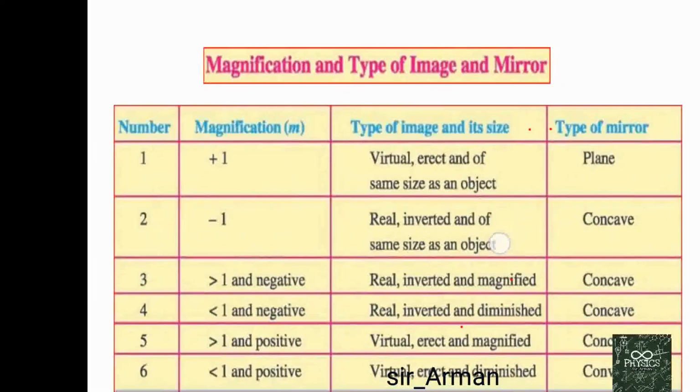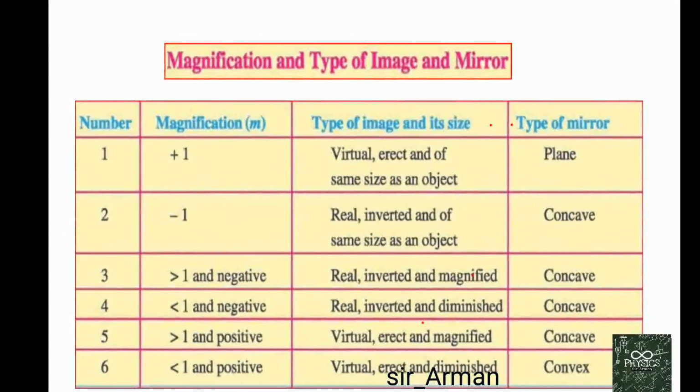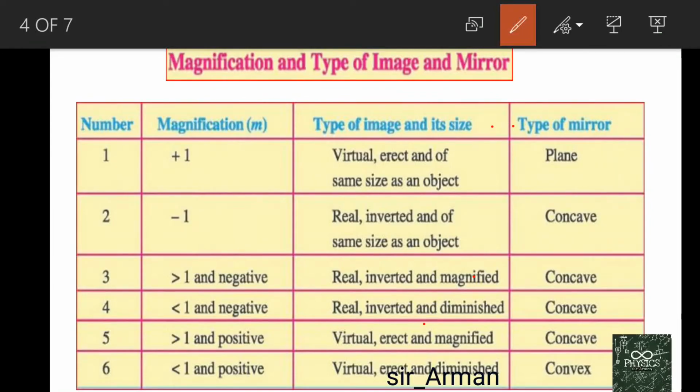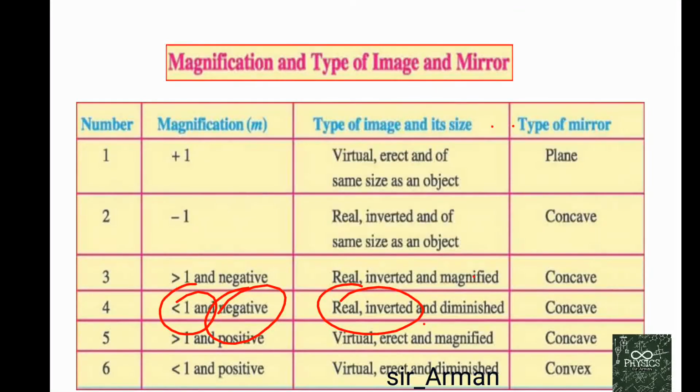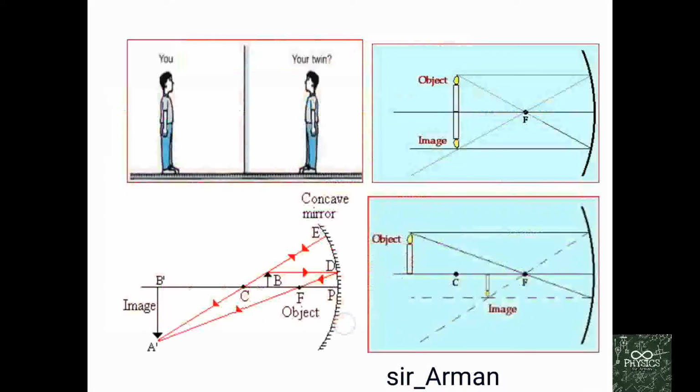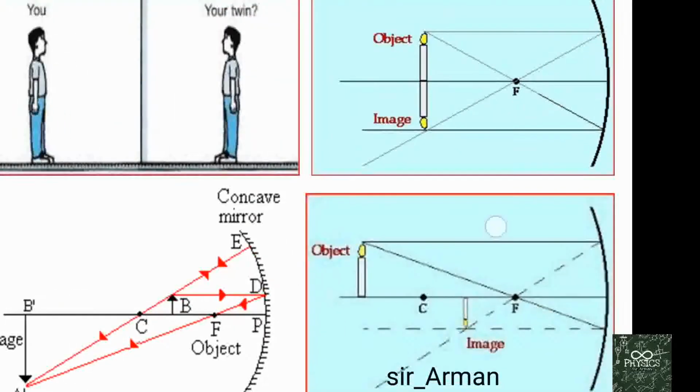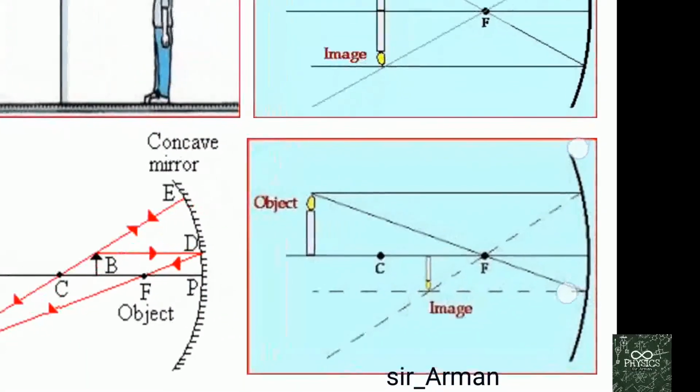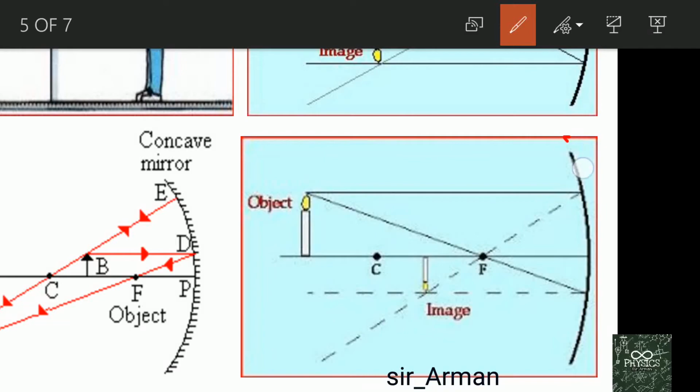Now here, case number 4. Here the magnification is less than 1, right? But it is negative. Negative means it is real and inverted. Again, let's try to verify that case. Here we have a concave mirror and here is the object, and we have obtained the image here, right?